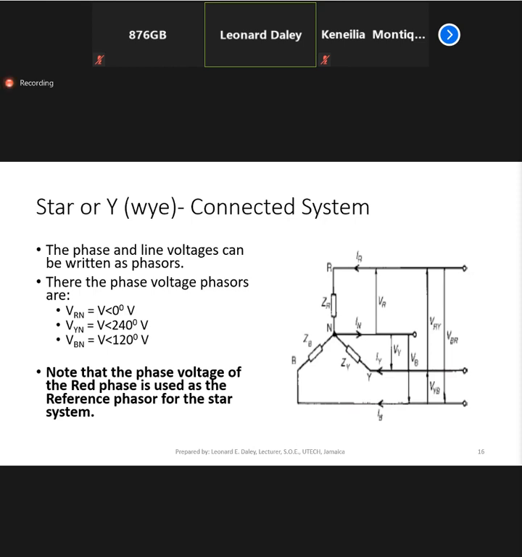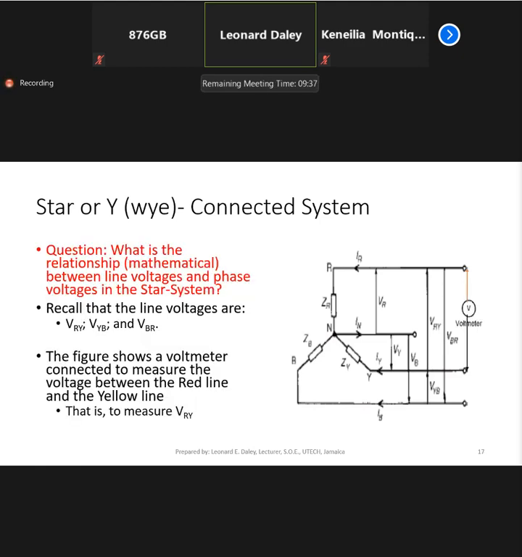Don't be confused though if you see other books use other orientations for the phasors. We are using this, and that is what the waveforms also indicate.